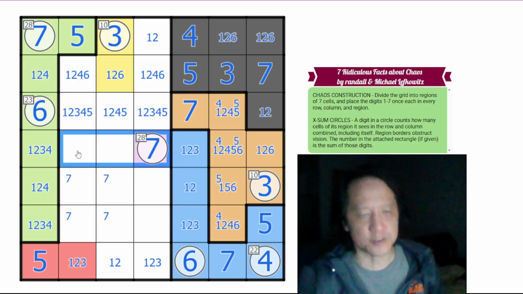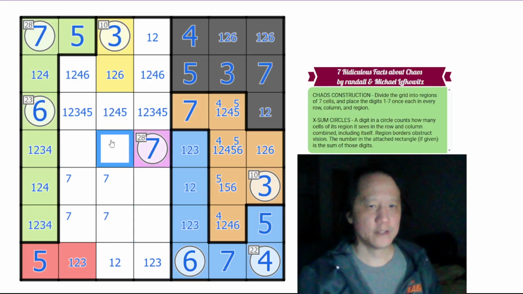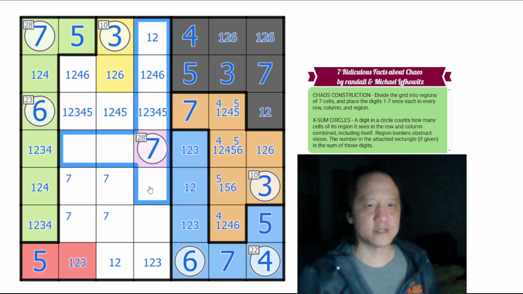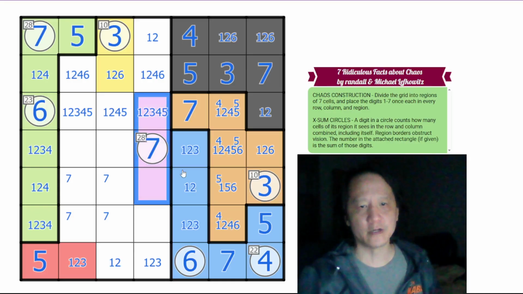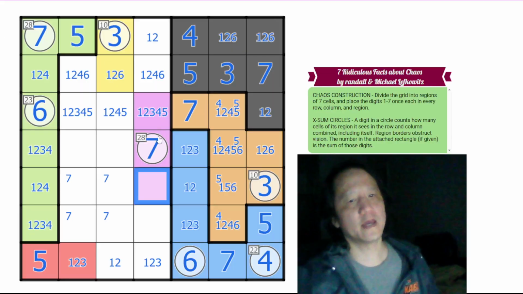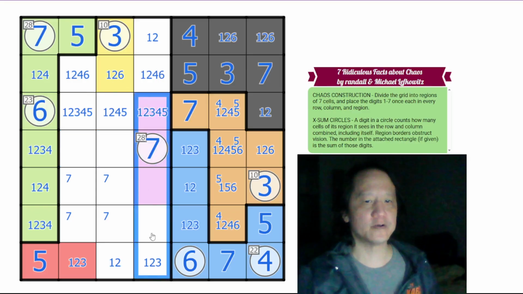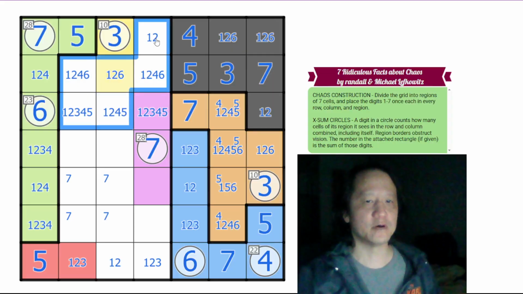So if you go twice this way, this must see all 7 cells on the line. So if it sees twice here, 3, 4, 5, 6, 7, or twice here, 3, 4, 5, 6, 7. So these are definitely pink no matter what. Can you do 2 here? So if you go 2 here, the problem is this is guaranteed to be pink that way, and the yellow has to be all here, but then this sees 4 cells.